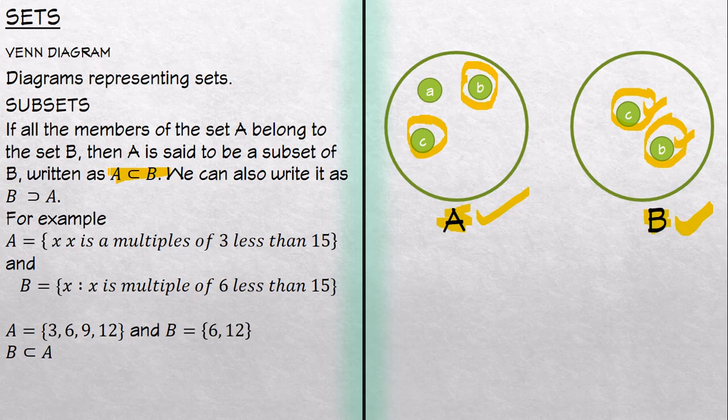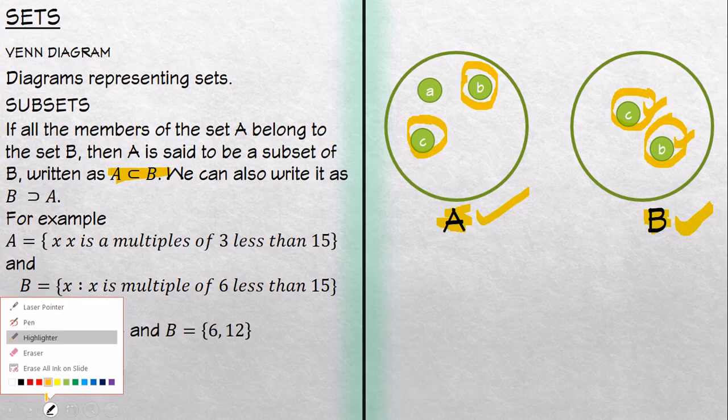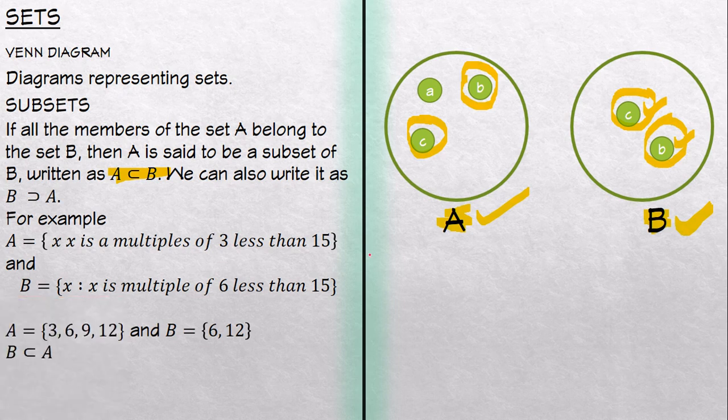So I think with our example over here, it is supposed to be the B, which is rather contained in the A. Alright, so there is a little bit of a typo over here.